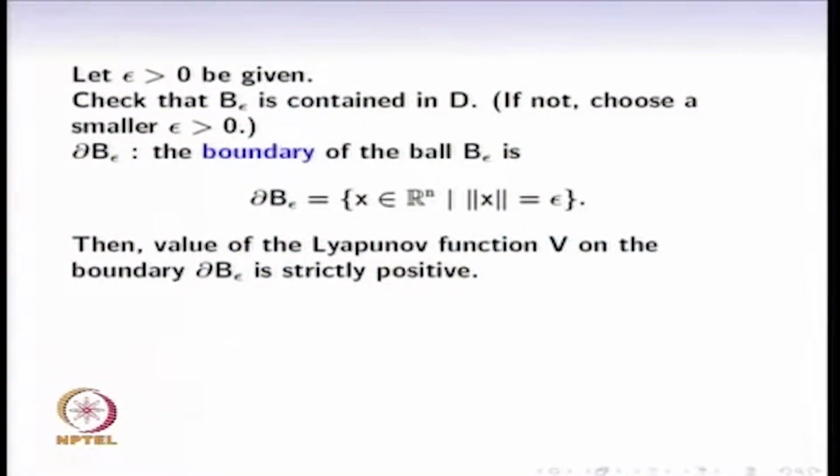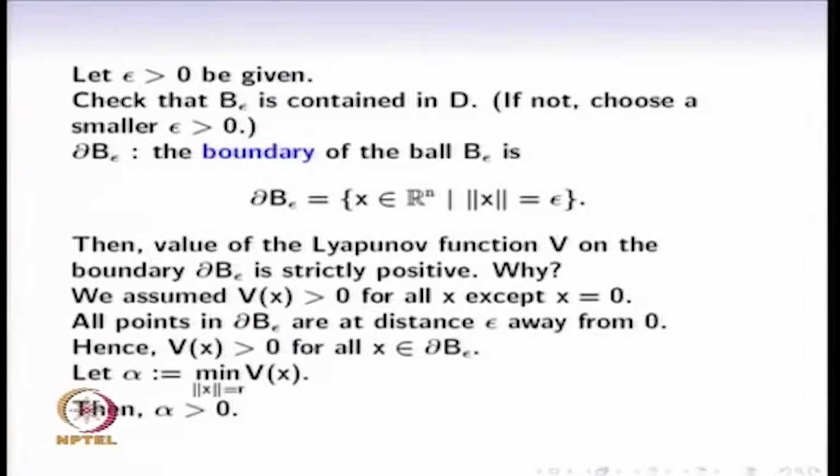On this particular boundary of the ball, we will now look at how the Lyapunov function behaves. Notice that the value of the Lyapunov function on all the points on this boundary is strictly positive. Why? Because it is equal to 0 only at 0. At any other point it is positive, and all the points on this boundary are epsilon away from the origin, and hence the Lyapunov function is strictly positive.